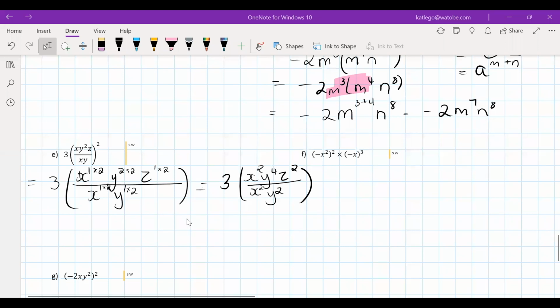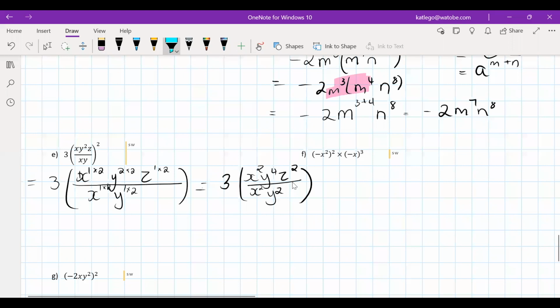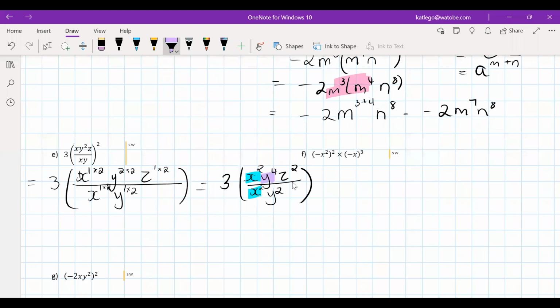We need to remove the brackets, I think. Okay, before that, let's see inside the brackets. What does law number 2 say? If you have the same base and you are dividing, what happens? It cancels out. It doesn't cancel. What happens to the exponent? We subtract. In this case, we still have our 3 that's outside, but x squared and x squared will cancel out, because it's actually x squared divided by x squared.